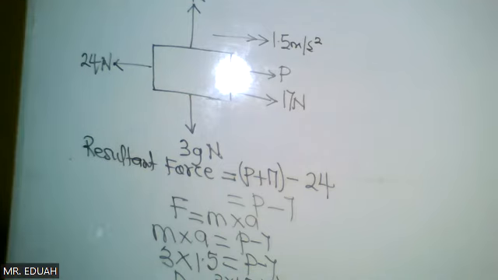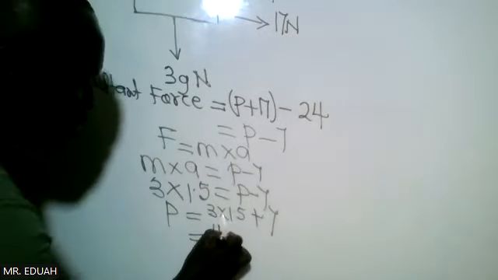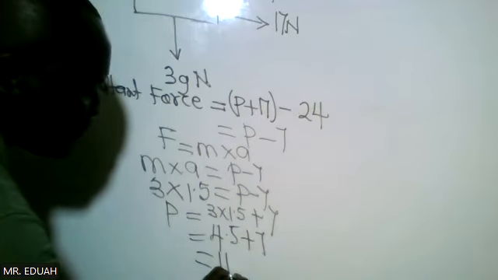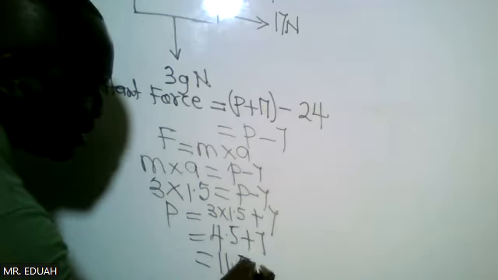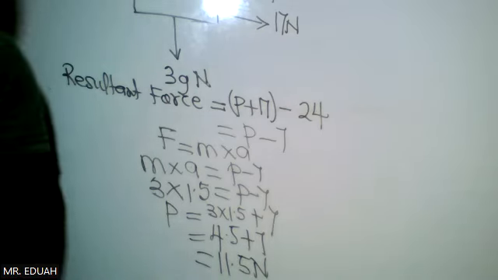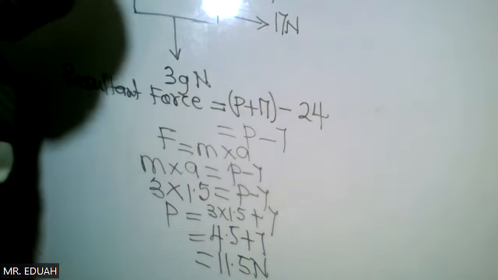What is 3 times 1.5? It is 4.5. 4.5 plus 7 gives us 11.5 Newton. So that's the answer for P.